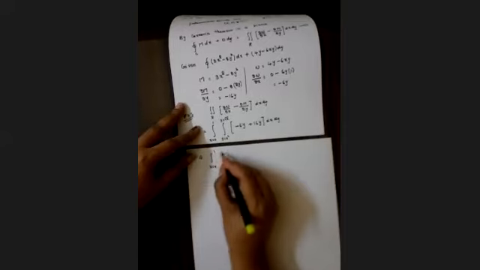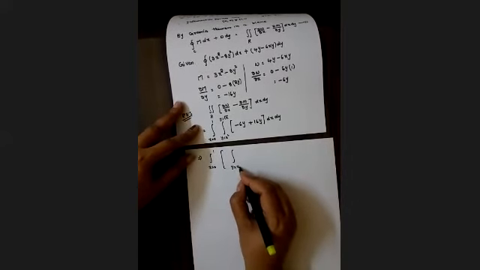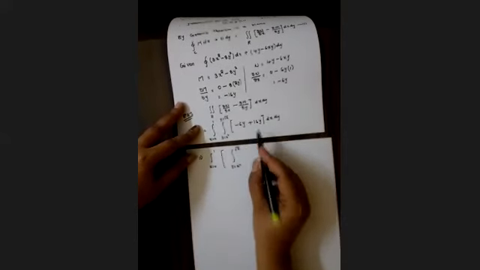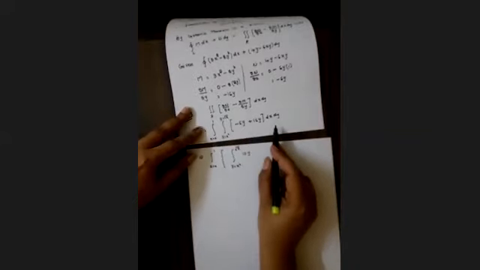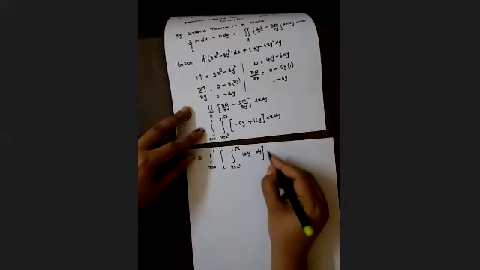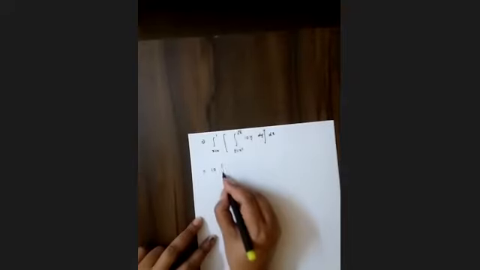Take the integral of x from 0 to 1 outside. In brackets, take the y limits from x square to root x of minus 6y plus 16y, which is nothing but 10y, dy, and then dx. So first we are integrating with respect to y. 10 is a constant, so take it out.